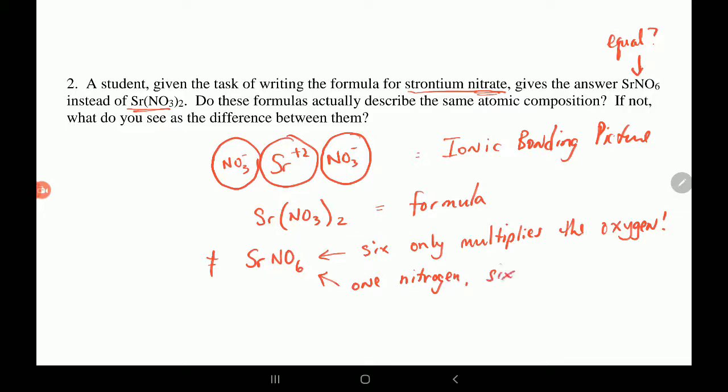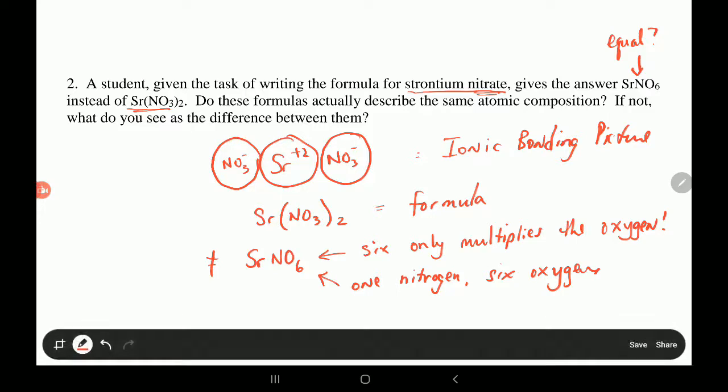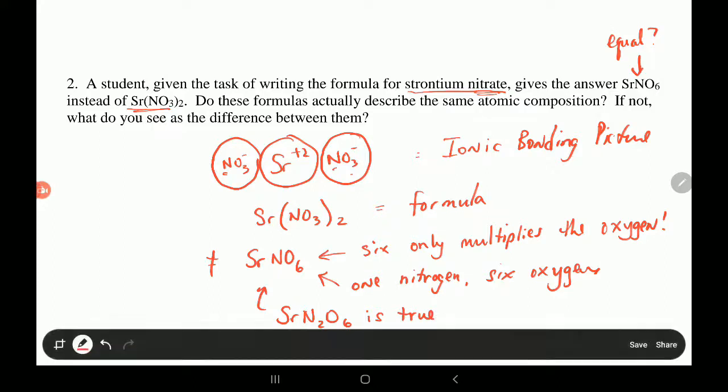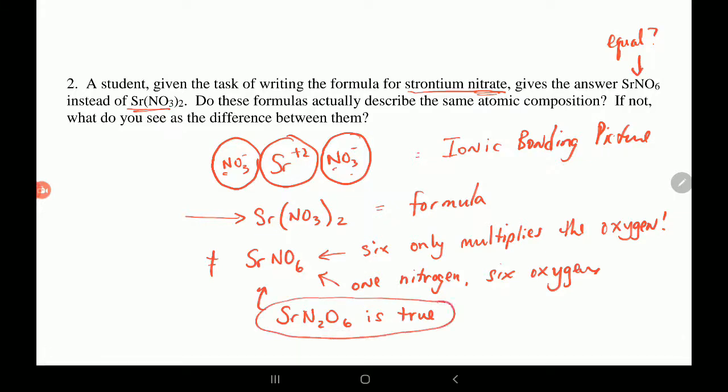And that's not what we have in the picture. We have 2 nitrogens and 6 oxygens. So you could conceivably do this. It's true, but it's less informative than this. But correctly translated mathematically, this that I've just written here, it is true, but this is not true.